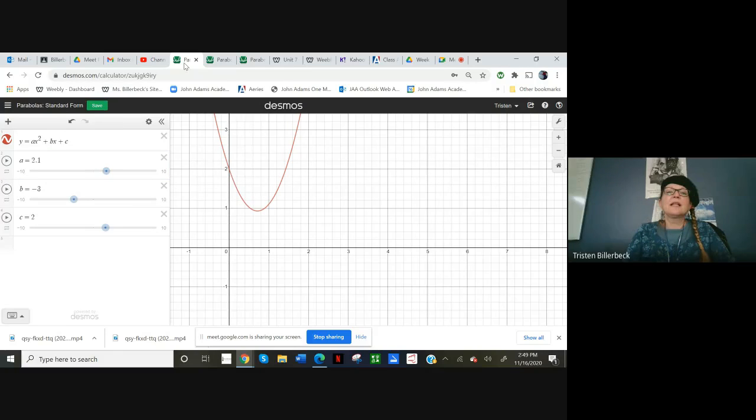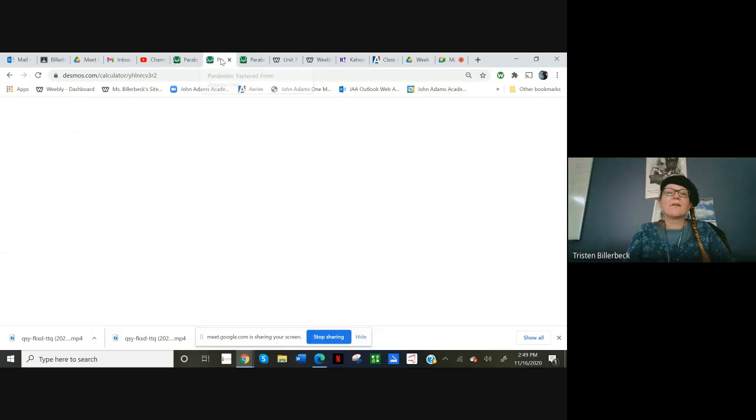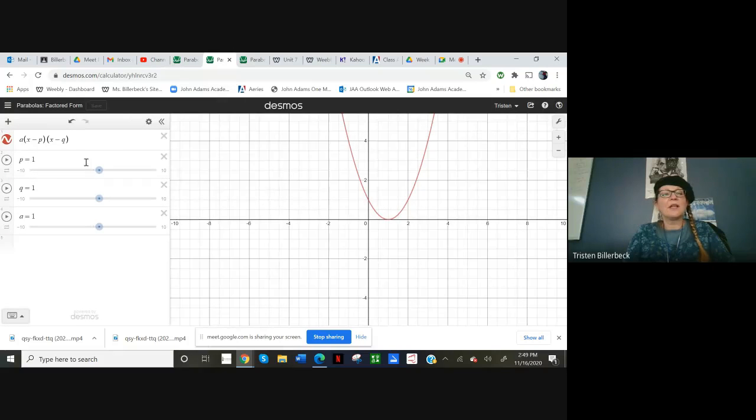All right, now let's look at the factored form of the equation. So this is showing me roots. So right now, p is 1, q is 1. So they both have the same root. It's called a double root when p and q are the same. So if I wanted to show you a parent graph, I would make p 0 and q 0.